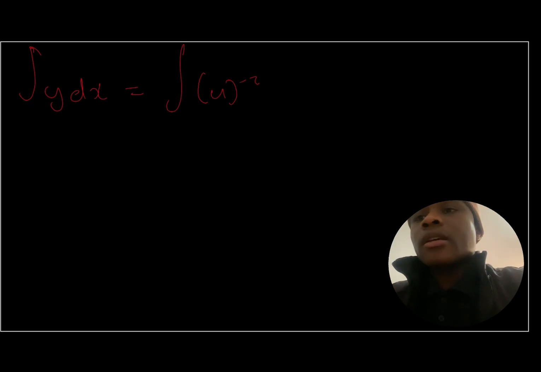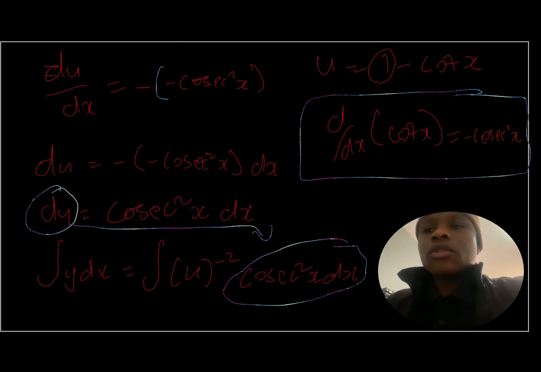Remember, we substituted cosec squared x dx by its equivalent value, which is du.